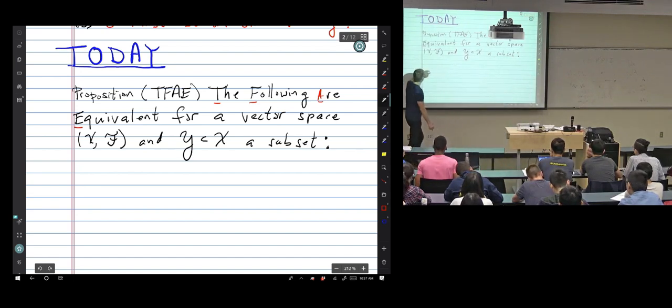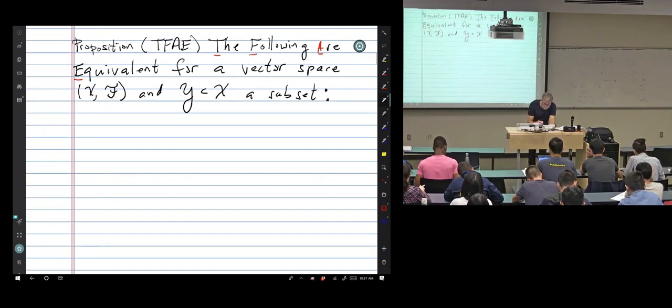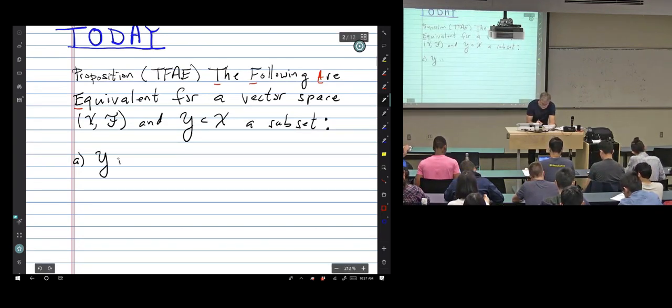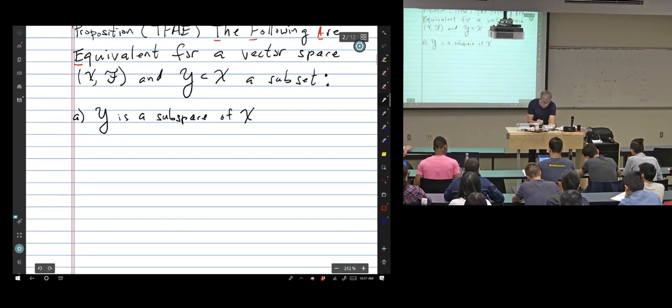Okay, so I'm going to give a bunch of different things, and they're all going to be ways to check. Okay. Y is a subspace of X. Okay, so that's the property we would like to check.